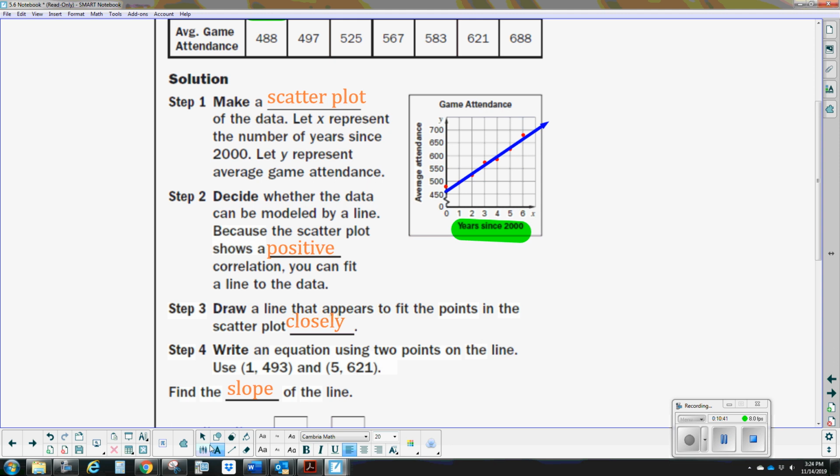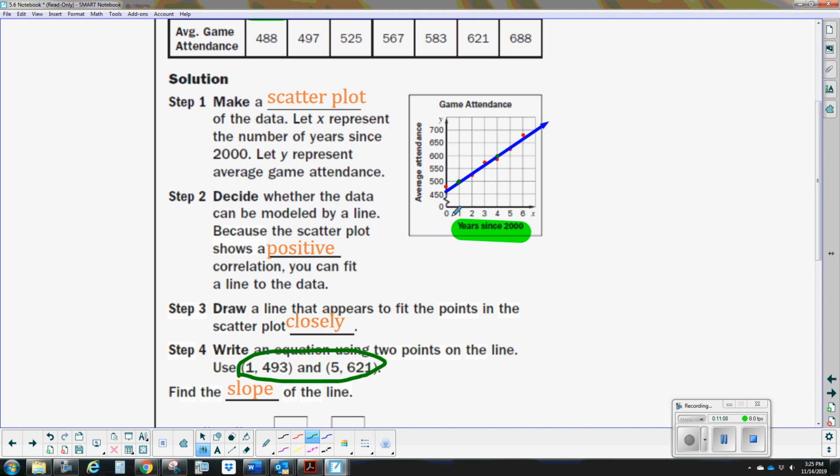I would have to look at my graph and say, all right, it looks like on my line of best fit, I have the point, and we'll use the points that they actually give us here. But just looking at my line, I would use this point on my line and, I don't know, another good one, maybe this point right here.